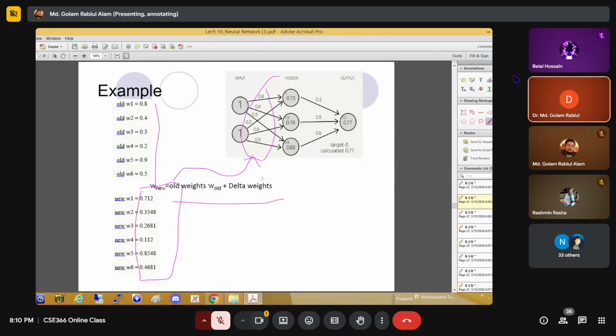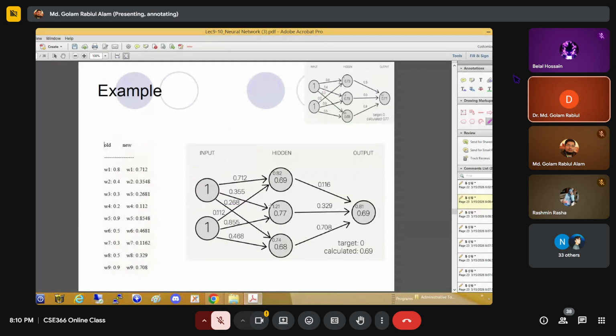Instead of these weights, in our next iteration, we will use these weights. We have previously calculated the updated weights of the hidden to output layer, and now we have calculated the updated weights of the input to hidden layer.